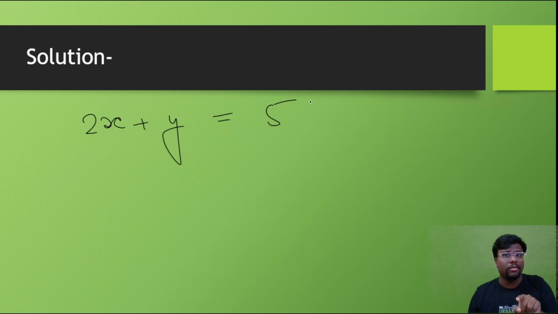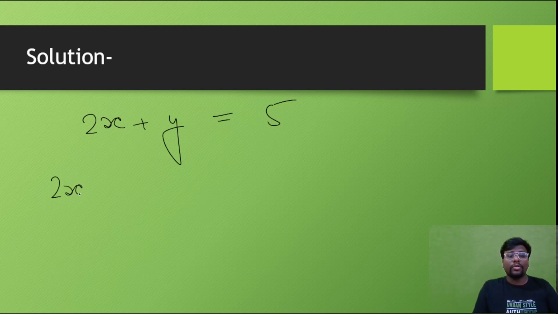Is this possible over here? Not at all. Why isn't it possible? Let's check. Can x have a value? Can y? Oh, I have two unknowns over here, two variables. So how will I actually take it out?